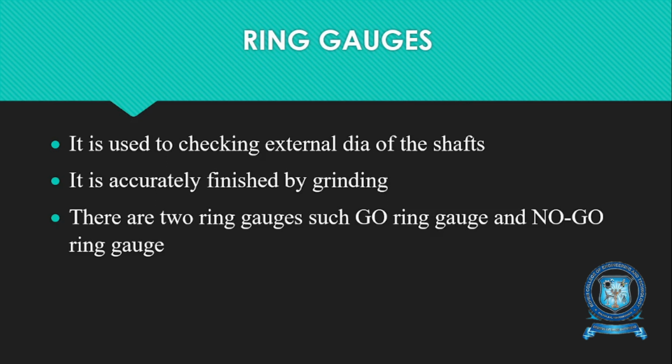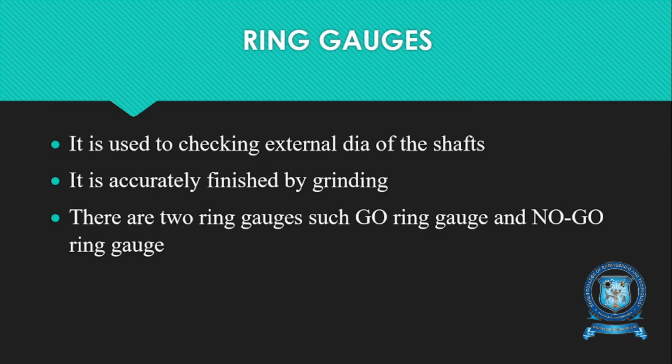While checking the shaft, the go ring gauge will pass over the shaft and the no go gauge will not pass. To identify no go ring gauges easily, a red mark or a small groove is cut on the periphery.